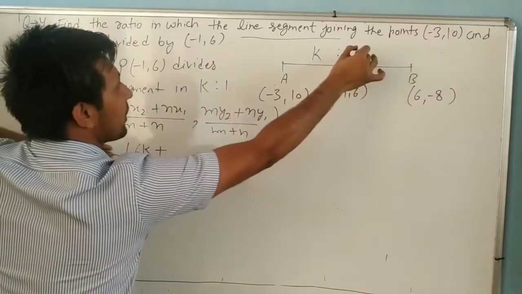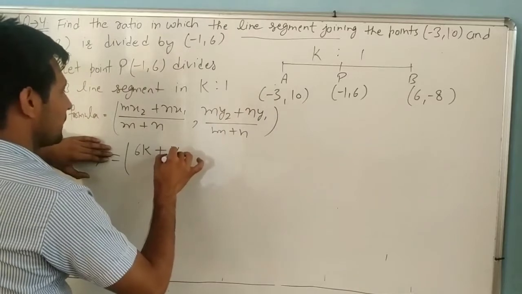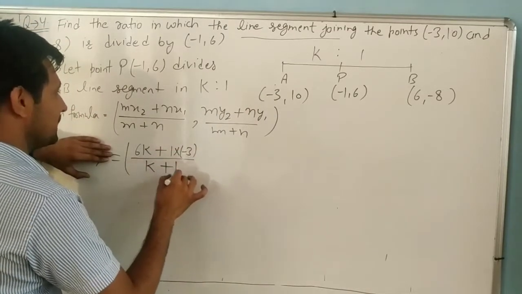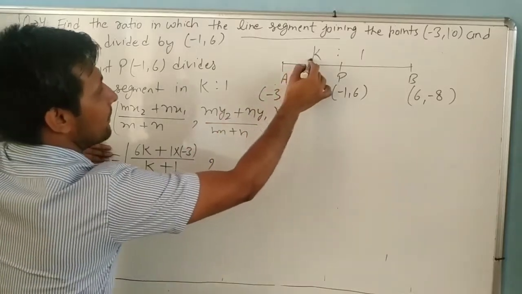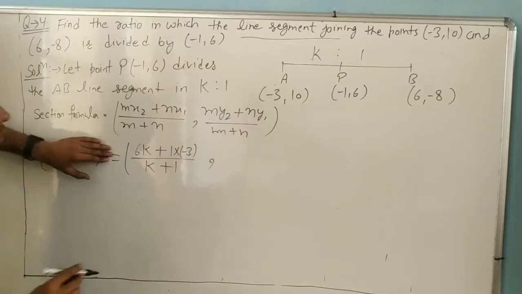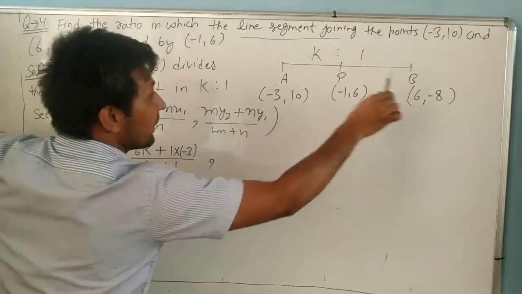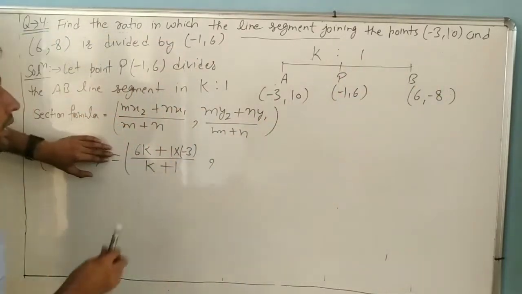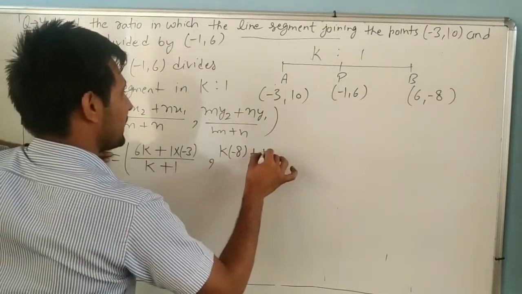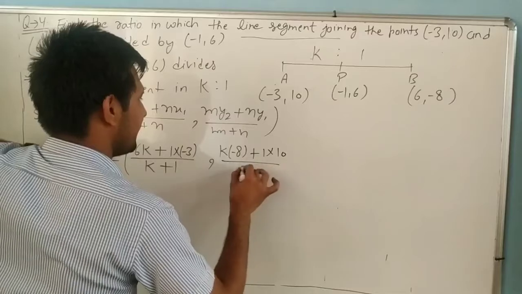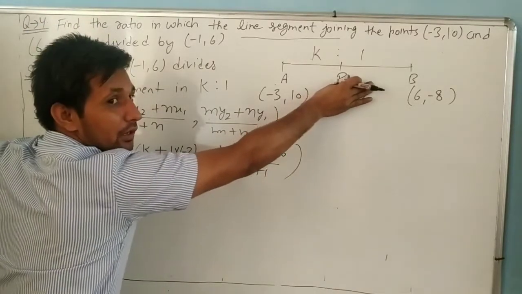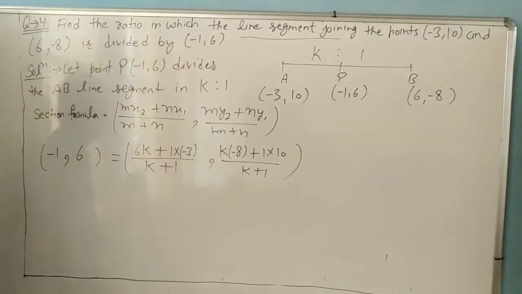N is how much? 1. 1 into -3, divided by m plus n, K plus 1, comma, k into y2, which is minus 8, plus 1 into 10, divided by k plus 1. It is the value of P, x and y.